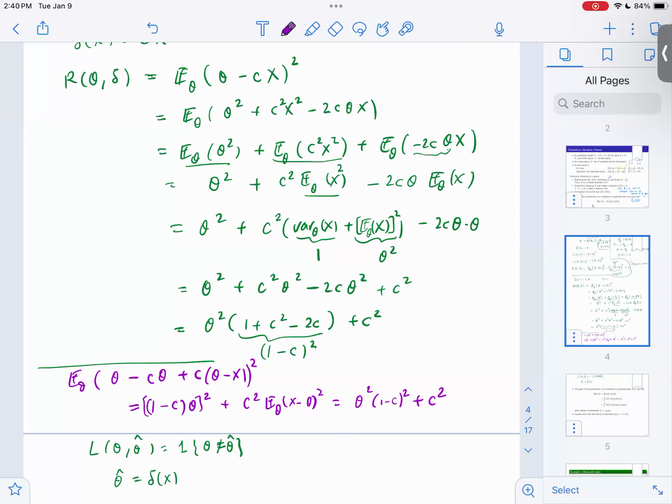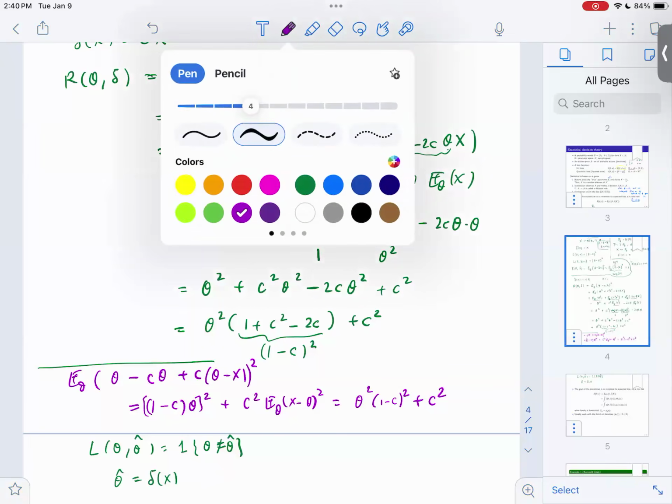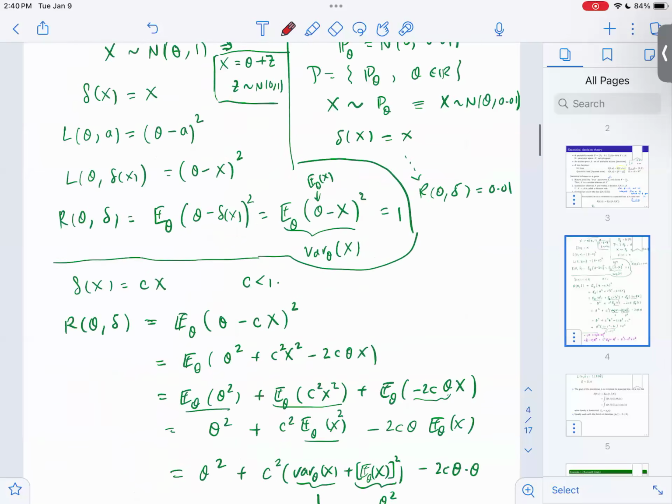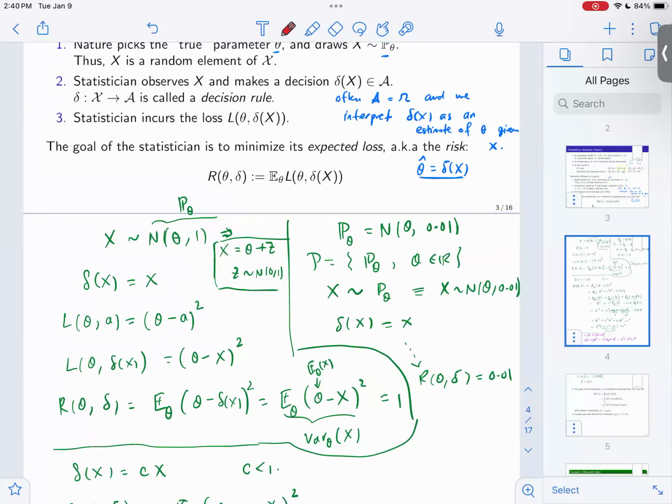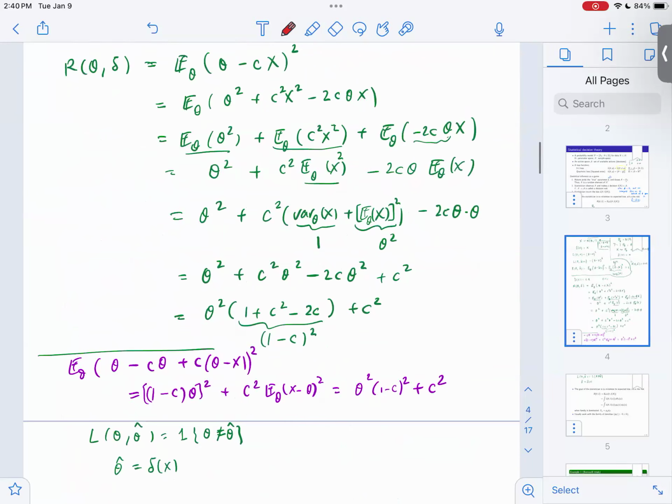Assuming this is correct, you can see things are a little bit complicated. This one depends on theta. This is the key issue that we're going to get to, but you already see it. This risk depends on theta. So if I want to compare these two estimators, I have to plot this entire risk function.